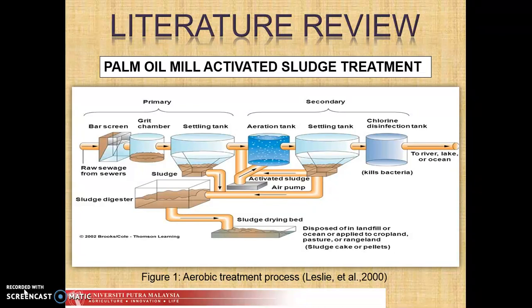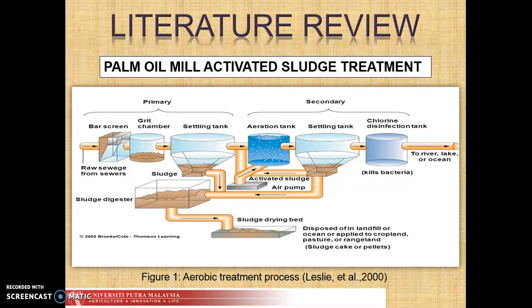This is how the activated sludge treatment works. The raw sewage will go into a series of tanks before entering the aeration tank. In the aeration tank, organic compound feeding microorganisms will be added.